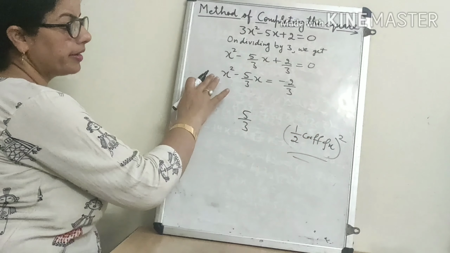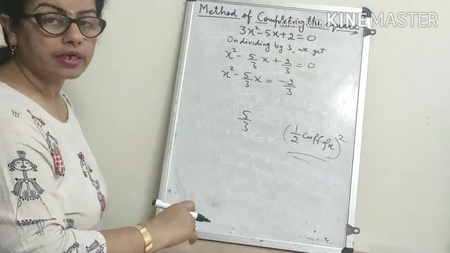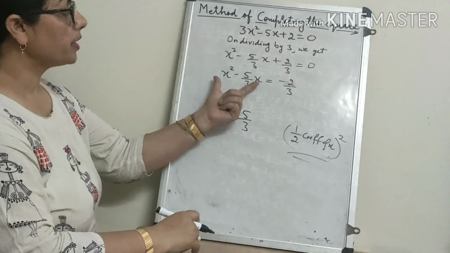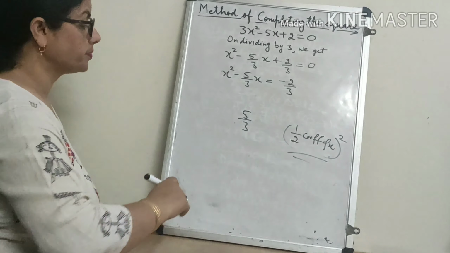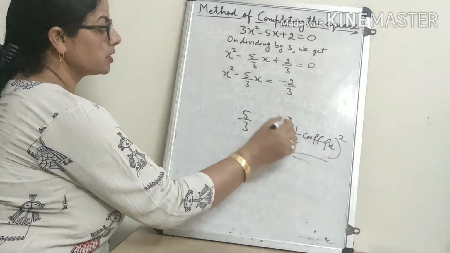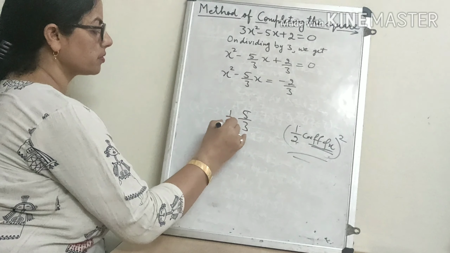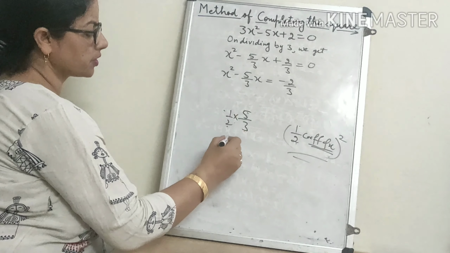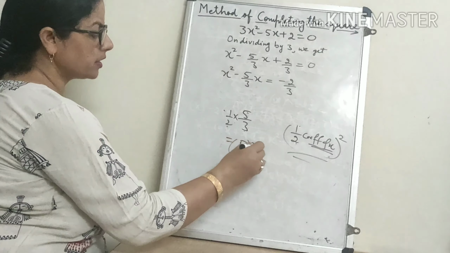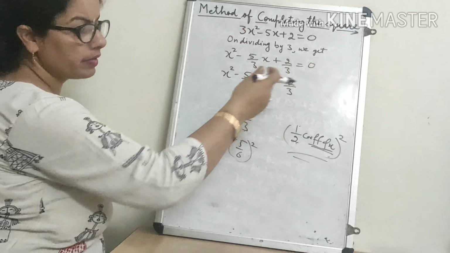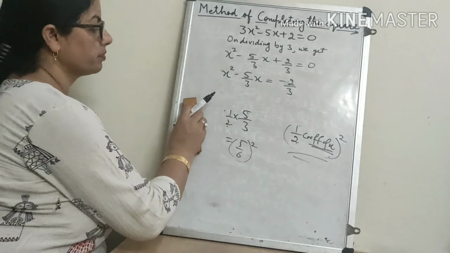This we will add on the left also, and this we will add on the right also, to make the left side a whole square. The coefficient of x is 5 by 3. Now take half of this, which means 5 by 6. So 5 by 6 whole square we will add on the left also, and on the right also.